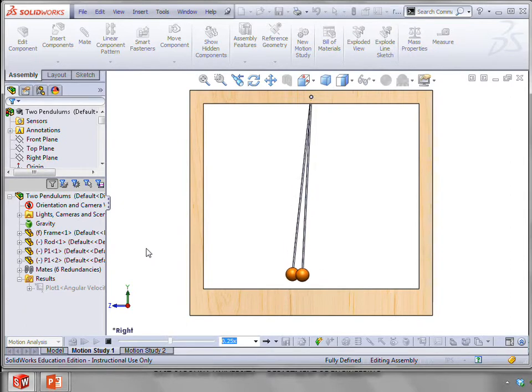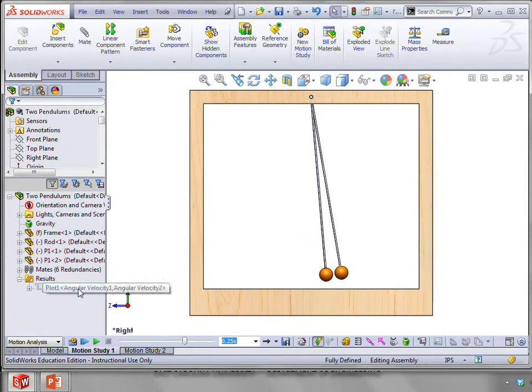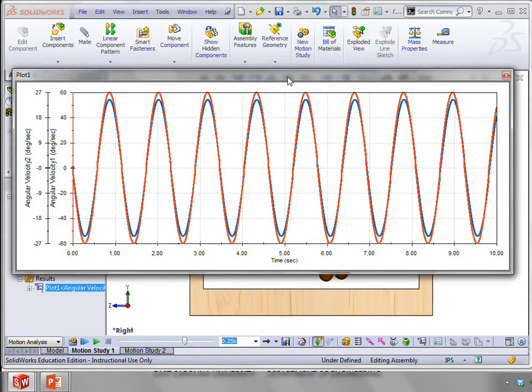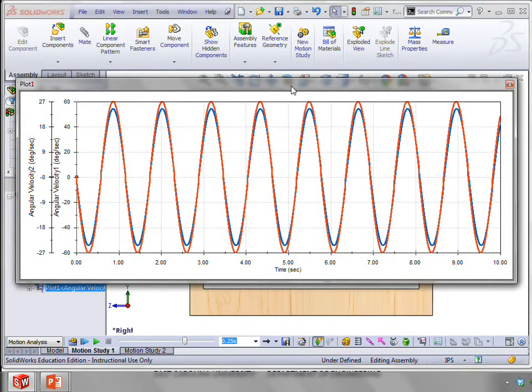So that would imply that the two of those have the same period, even though we drop them from different angles. I won't run the whole thing out, but I can show you the plot of angular velocity versus time for both of those. Of course, those are plotted on two different axes here, because the maximum angular velocity of the one dropped from 10 degrees is going to be greater than from 5 degrees. But the shape of the curves is almost identical.